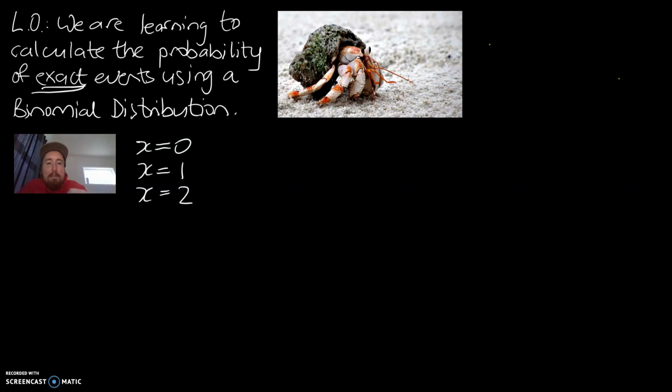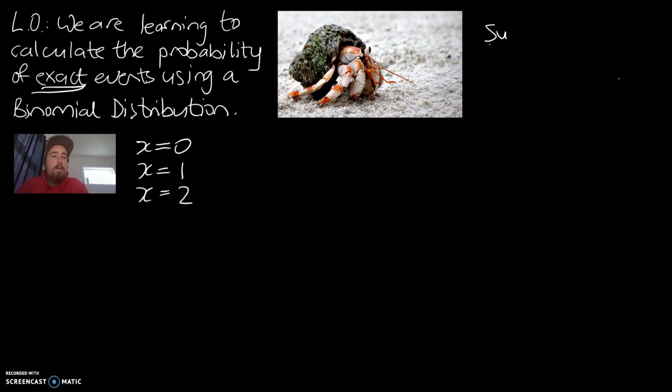So on a given beach that has hermit crabs, you'll find some shells that have a hermit crab in, or some shells that have been abandoned because maybe they're too small and they just sit there empty. So what we're going to consider today is, I'm at a given beach looking at these shells, and I'm wondering, what's the probability of actually finding a hermit crab sitting within that shell when I pick it up?